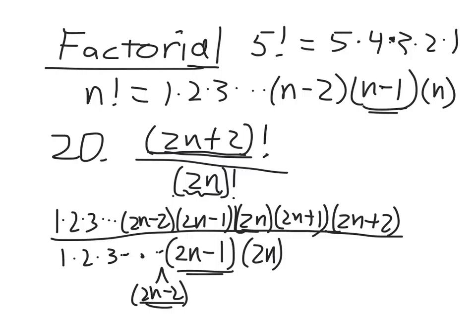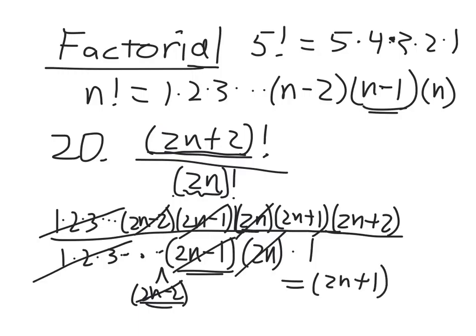And as you can see with the fractions, all of these will cancel: 2n minus 2, 2n minus 1, 2n. So technically we have 1 left in the denominator, but we have 2n plus 1 times 2n plus 2 left in the numerator. So all of that simplifies to this right here.